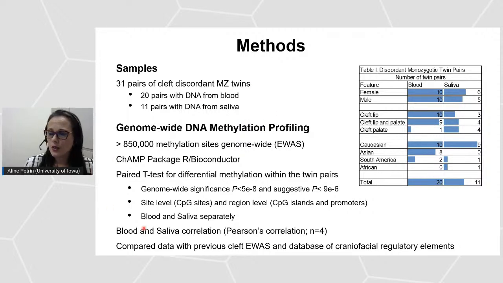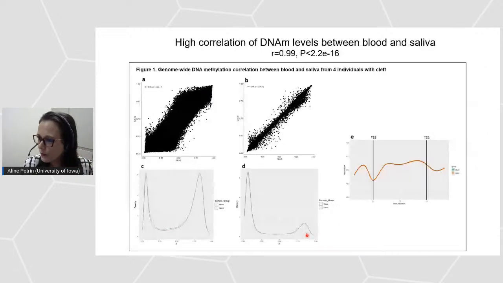We ran a very strict pipeline of cleaning and normalizing data. We ran the Illumina Epic array and interrogated over 150,000 methylation sites throughout the whole genome. We correlated blood and saliva because I wanted to know how similar they are, and for that, I had blood and saliva from the same person, 4 people with both tissues.